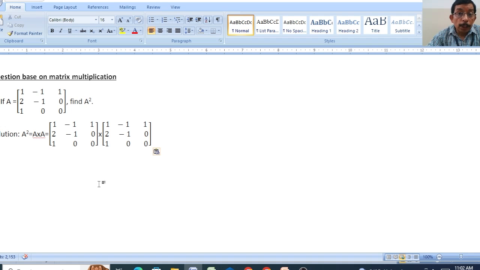If the first row is multiplied by the third column, we get the first row, third column element. Is it clear? Taking the first row and multiplying by the different columns gives the first row elements. Taking the second row and multiplying by the different columns gives the second row elements. Clear? You will see this in the next step.